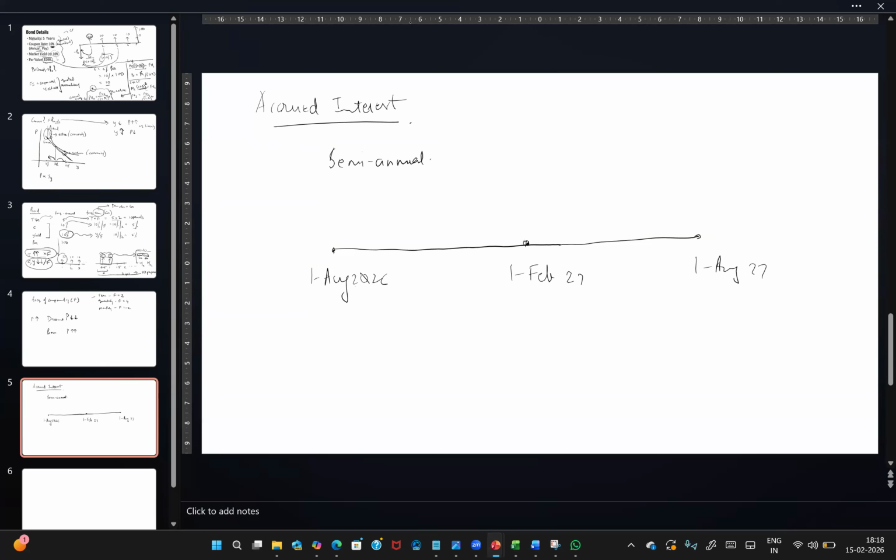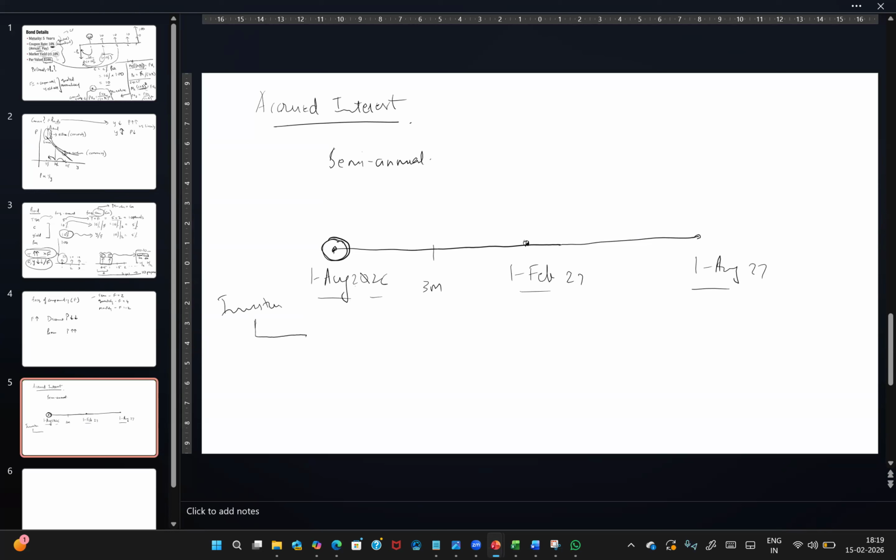Now, suppose there's an investor who holds the bond, right? The investor receives the coupon on these fixed coupon dates. All these are fixed dates on which you receive the coupon. Now, suppose that after 3 months, the investor feels they do not want to hold the bond any longer.